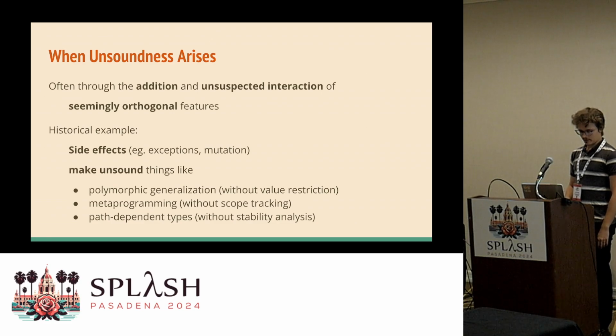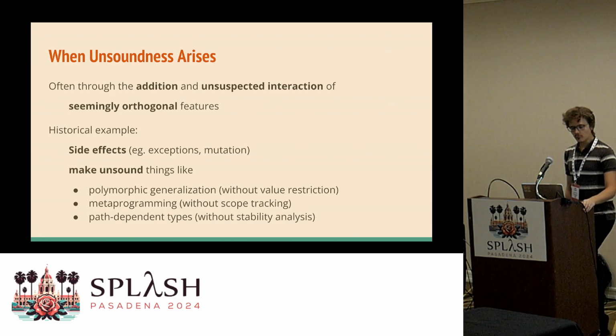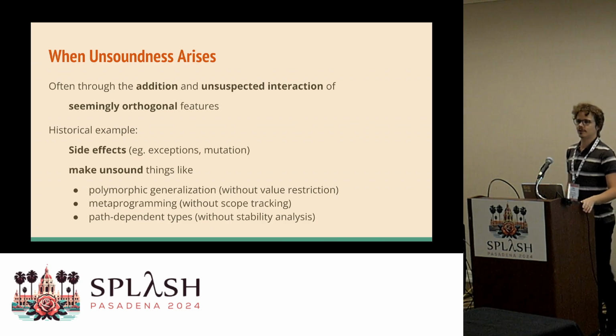So a typical example here is polymorphic generalization in ML, right? If you generalize the types of values without a value restriction, then you get problems. But also you have problems in metaprogramming and path-dependent types and things like that.